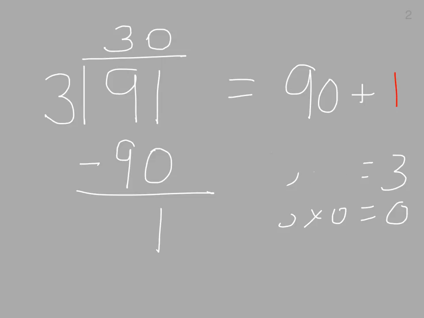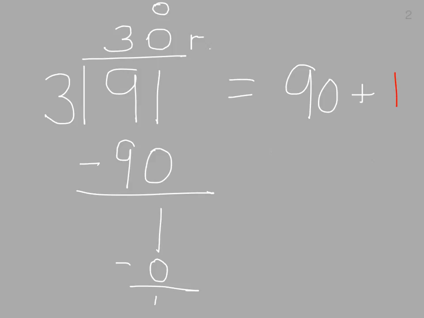I'm just going to erase that so it's out of the way, and I'm going to put a 0 above there. 3 times 0 is 0. 1 minus 0 is 1. Now, do I need to do that? No, but it just helps us to be consistent in remembering all the steps. That leaves me with a remainder of 1.